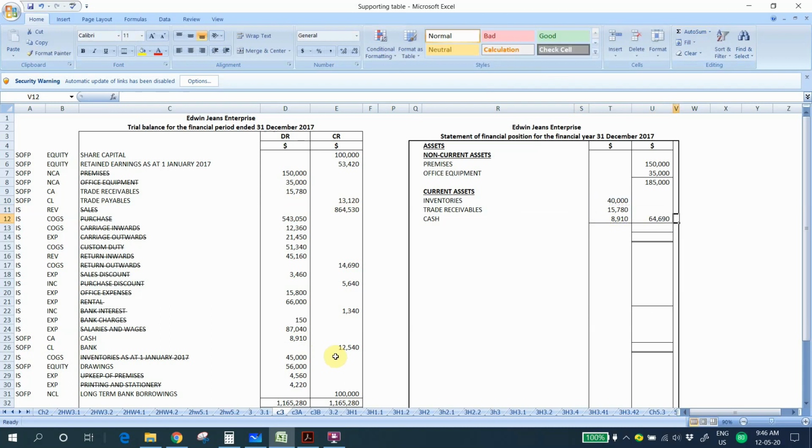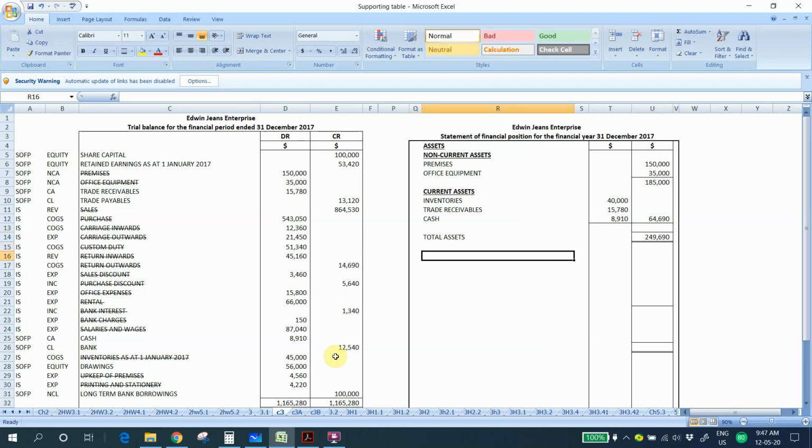So the total current asset we have is 64690. Total asset will be using your non-current asset add current asset, 249690. This is your total asset.